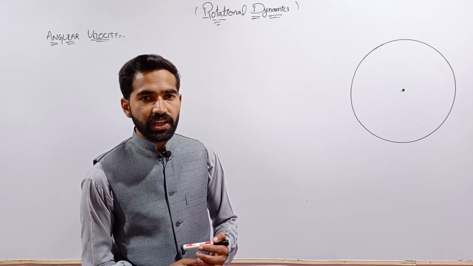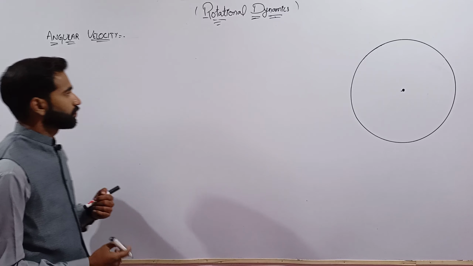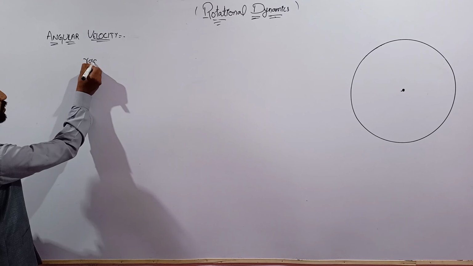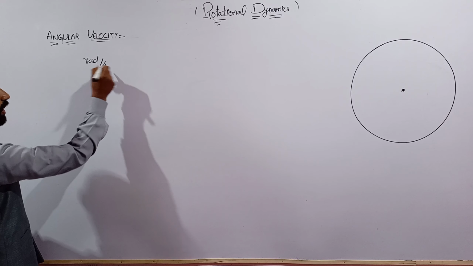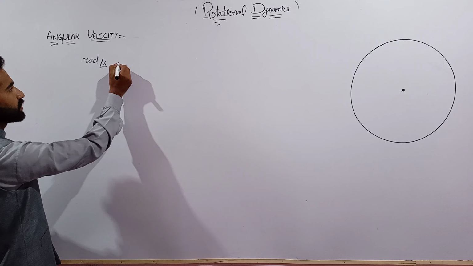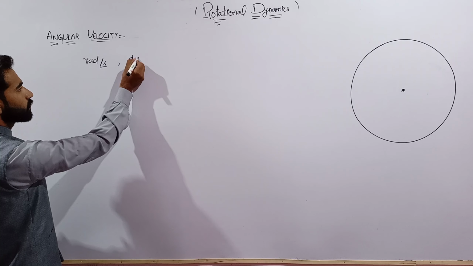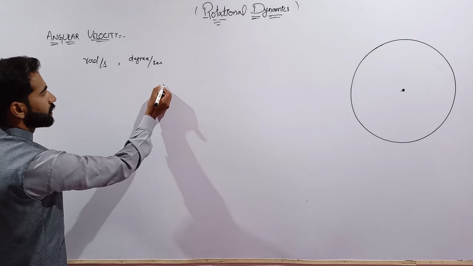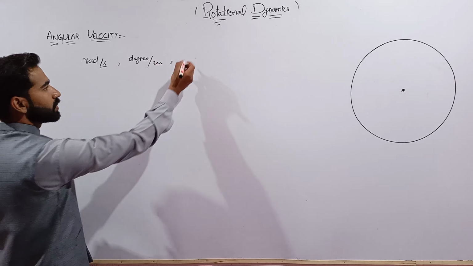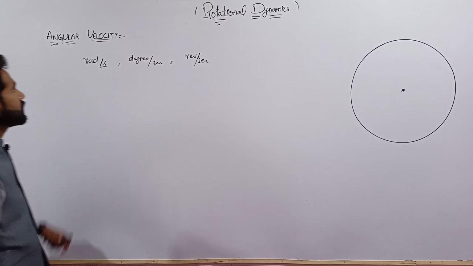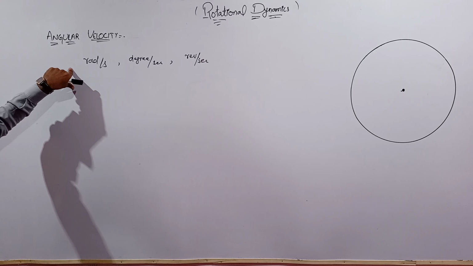The unit of angular velocity in the System International is radian per second, or other non-SI units, degree per second and revolutions per second.